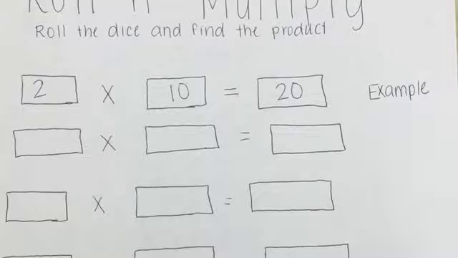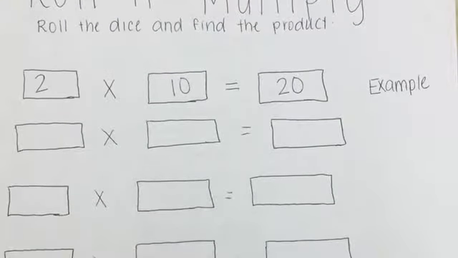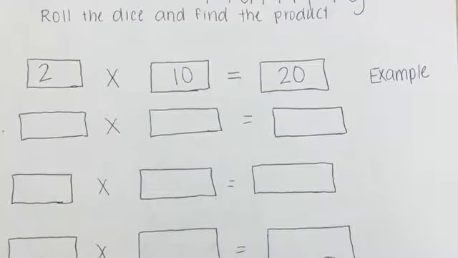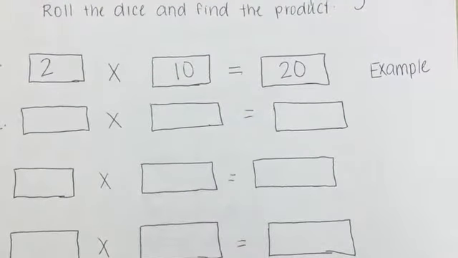On this worksheet, the students can get in groups of 2 and take turns rolling the dice. They will multiply the number they roll by 10. This will ensure that they know their multiples of 10.